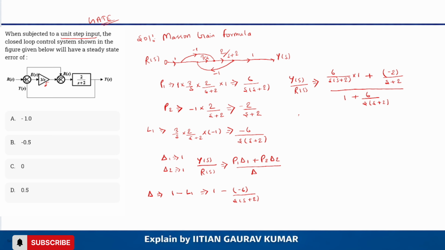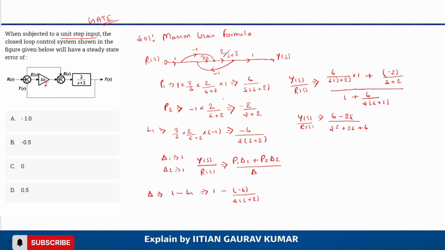Substituting, Y of s divided by R of s, if you solve this, you arrive at 6 minus 2s divided by s squared plus 2s plus 6.